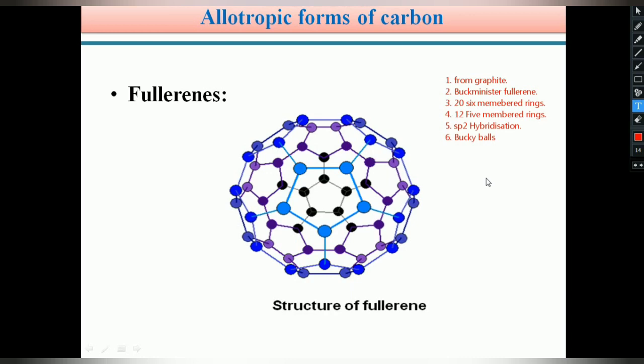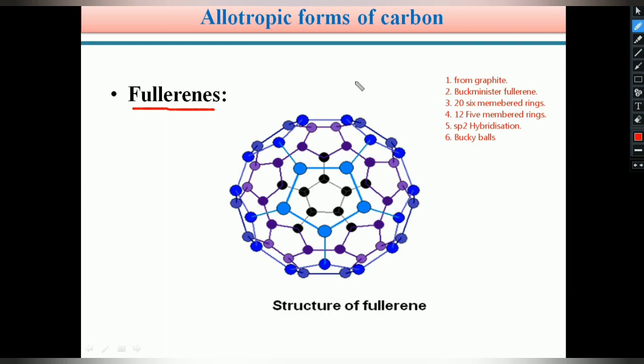The next allotropic form of carbon is fullerenes. Students, these fullerenes are prepared from graphite. Graphite is heated in an electric arc. In the electric arc, it forms fullerenes. These fullerenes are formed by n number of carbon atoms condensed together.